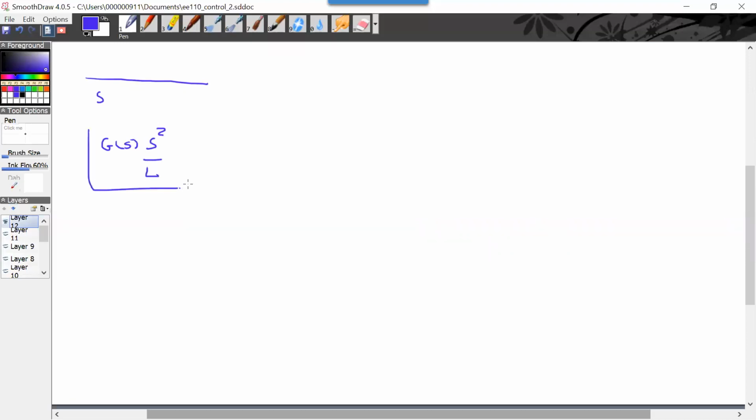So I have to convert this into something like that. Or no, sorry, that. Well, that really just means g of s is just going to be like an integrator here, right?